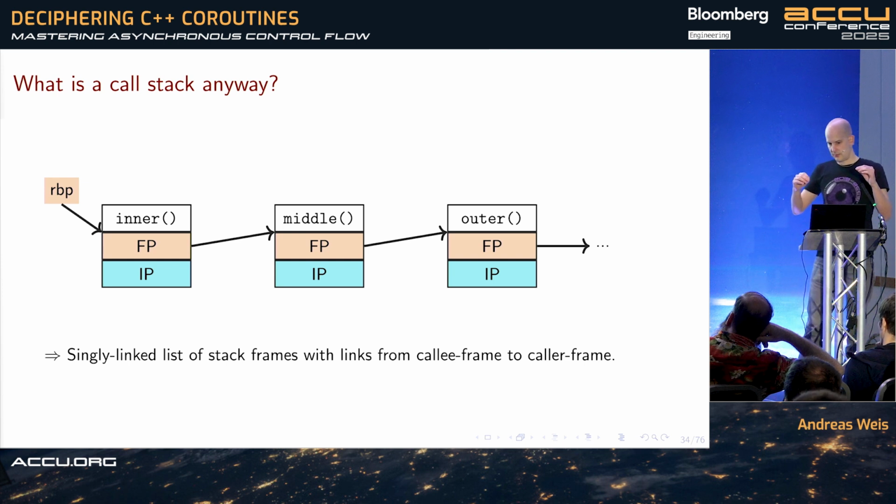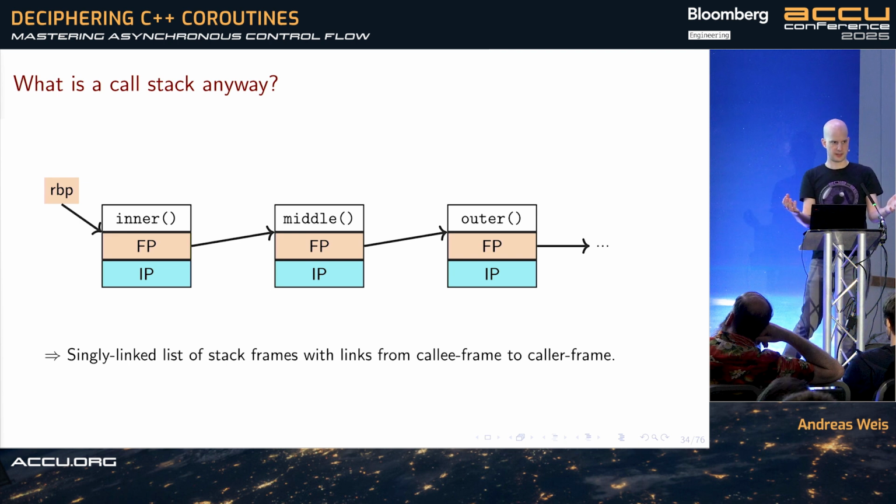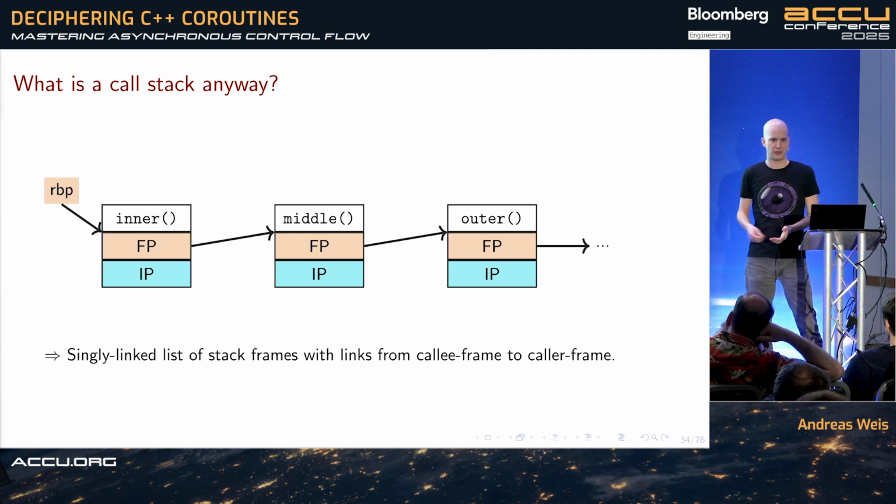So if we now want to do these asynchronous computations with many operations that form a call stack, which is now no longer really a call stack in memory, we somehow need to do something like this on our own.